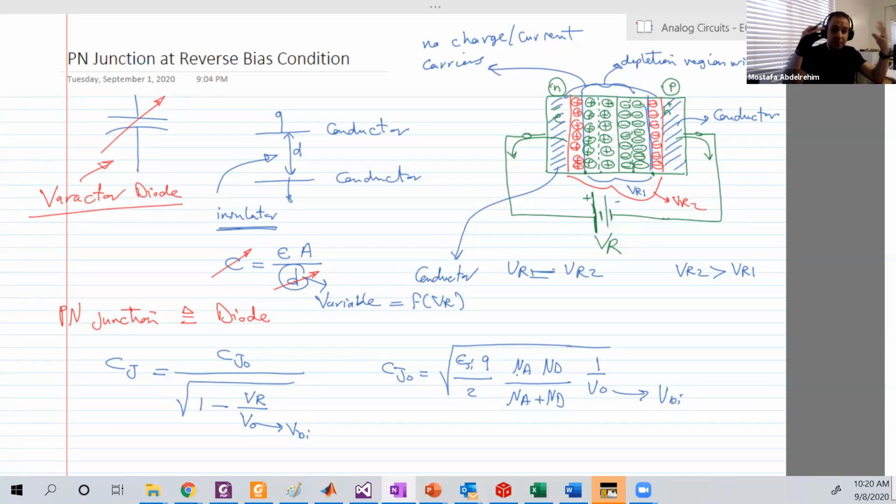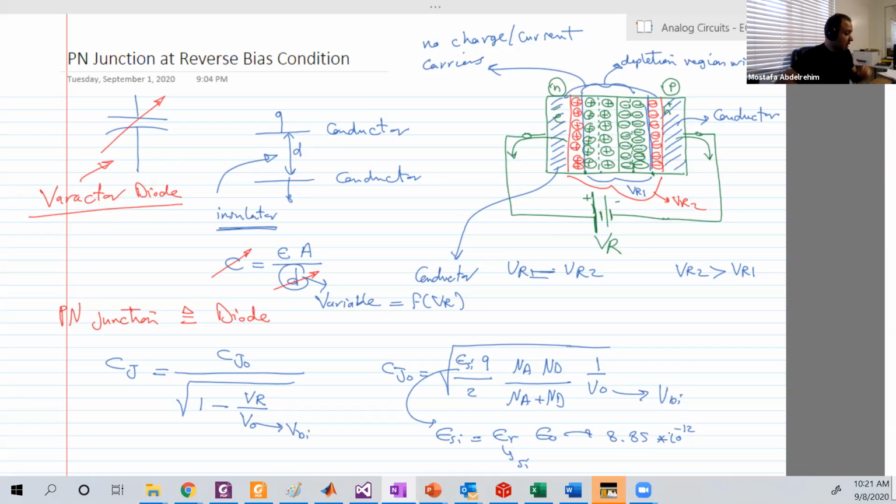You know epsilon for silicon, and by the way, epsilon is epsilon r, the relative constant for silicon, which is around 11 point something, multiplied by epsilon 0, which is 8.85 times 10 to the power minus 20. This constant will be given, so don't worry about it.